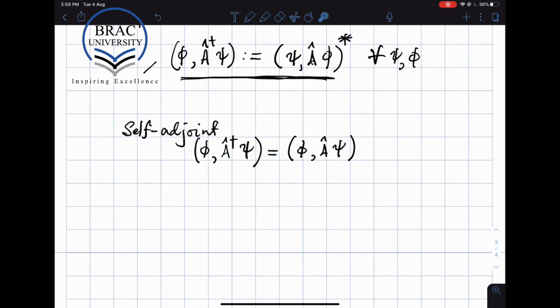If the operator and its adjoint satisfy this relationship for all wave functions phi and psi, then we call that operator self-adjoint. This is also sometimes called a Hermitian operator.